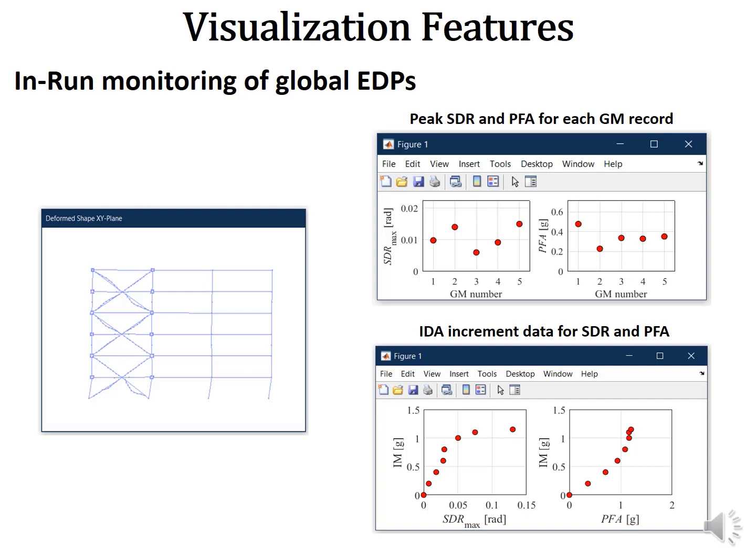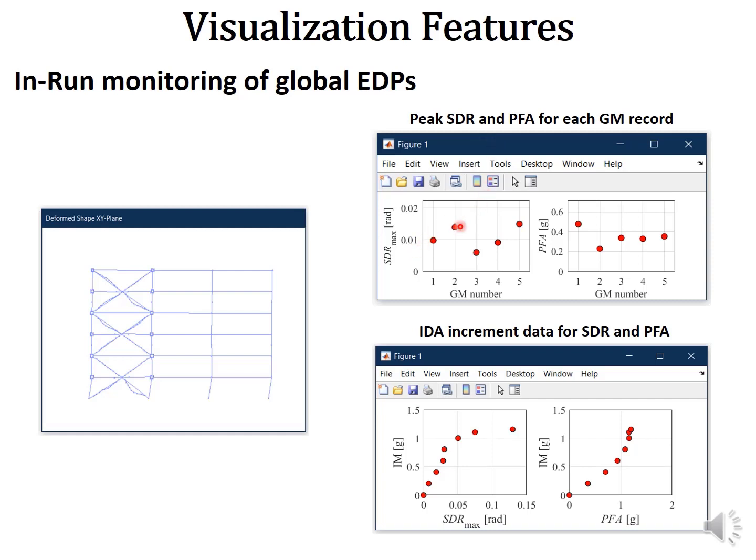For visualization, starting from the execution of the analysis, you are able to visualize and monitor the global engineering demand parameters in your model. This includes the story drift ratio and the peak floor acceleration, and you can visualize those while the analysis is being conducted, which is very useful when you are running a long analysis that involves a large number of ground motions.